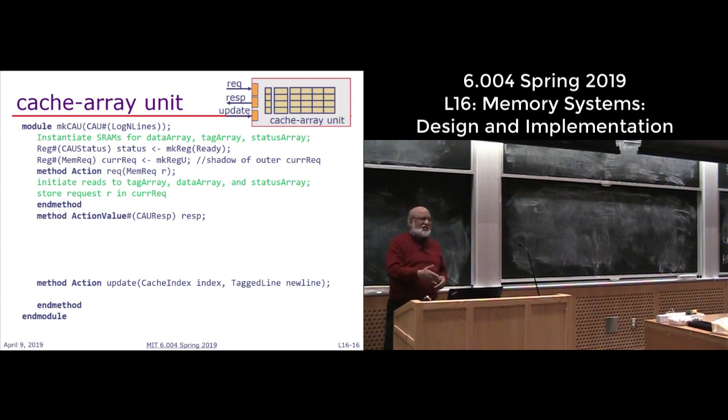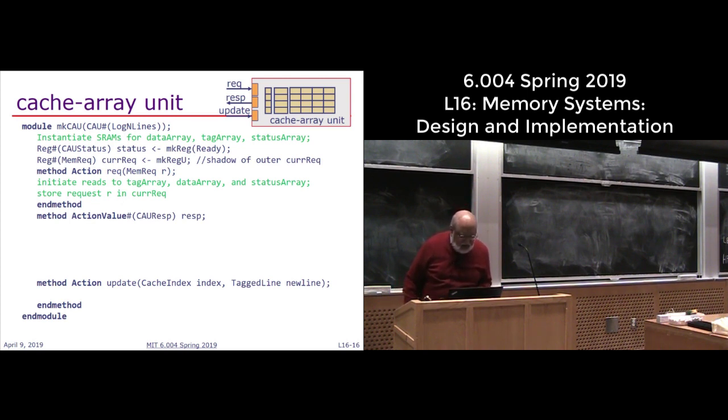You don't get the answer in the same clock cycle. You get the answer at the beginning of the next clock cycle. So that's why I'm using the word initiate the read. You will start reading all these arrays, and you can imagine what will happen in the next thing that we do.